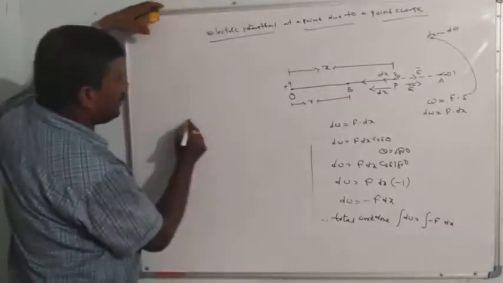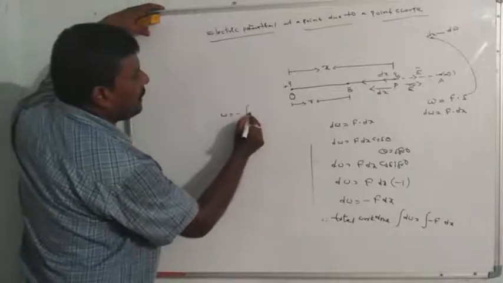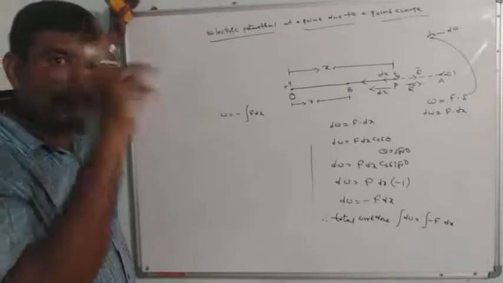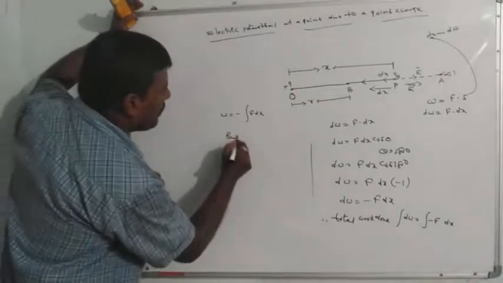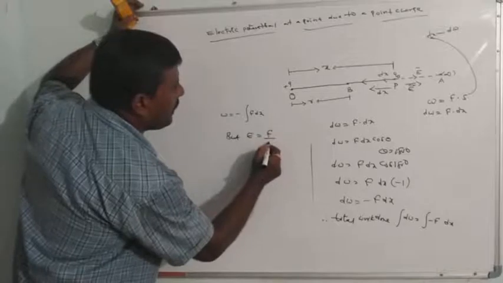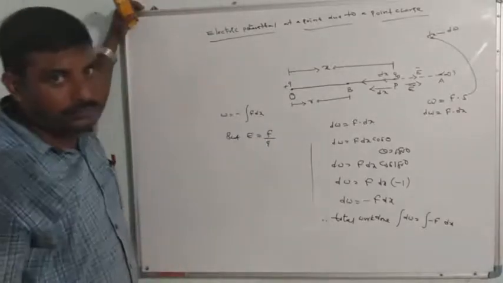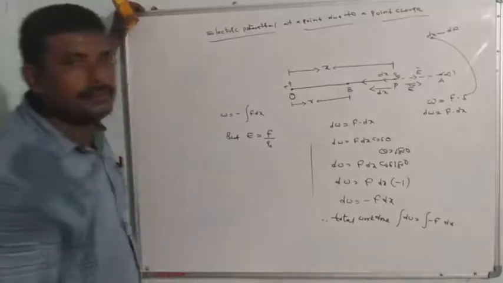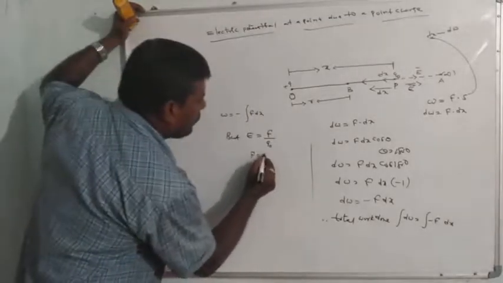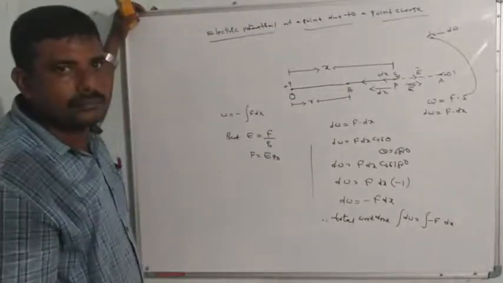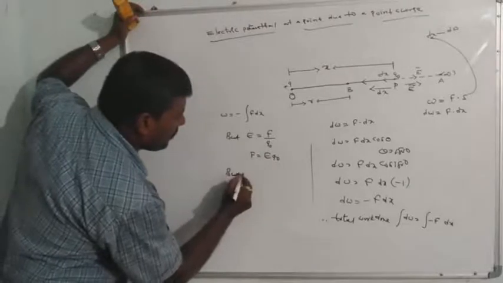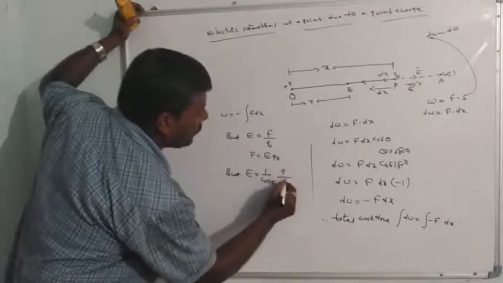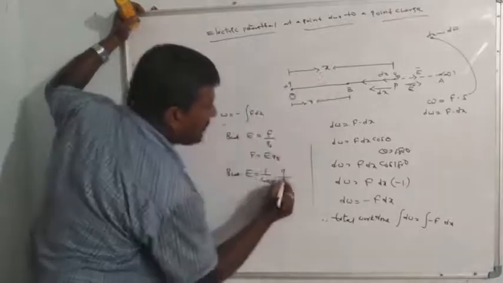Using the intensity of electric field, E equals F by Q, here Q naught, so F equals E Q naught. We already know E equals 1 by 4 pi epsilon naught Q by r square, where r is the distance x, so x square.